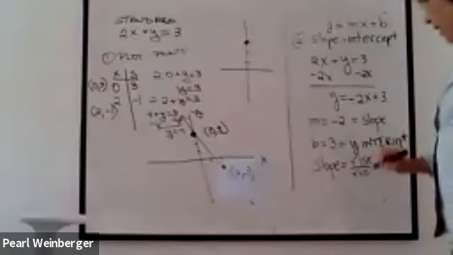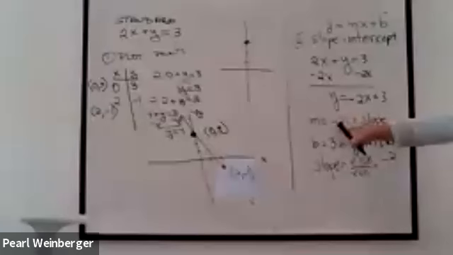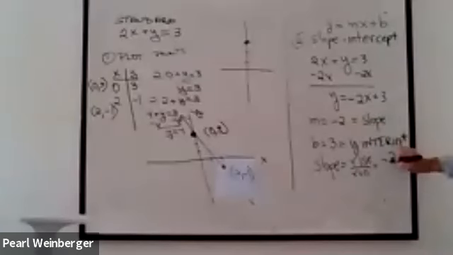I always want to write the slope as a fraction. Now, I got the slope to be -2. That wasn't a fraction, but that can be written as -2 over 1. Anytime I have a whole number, I can put it over 1 and it turns into a fraction. I'm telling you that the rise is -2 and the run is 1.